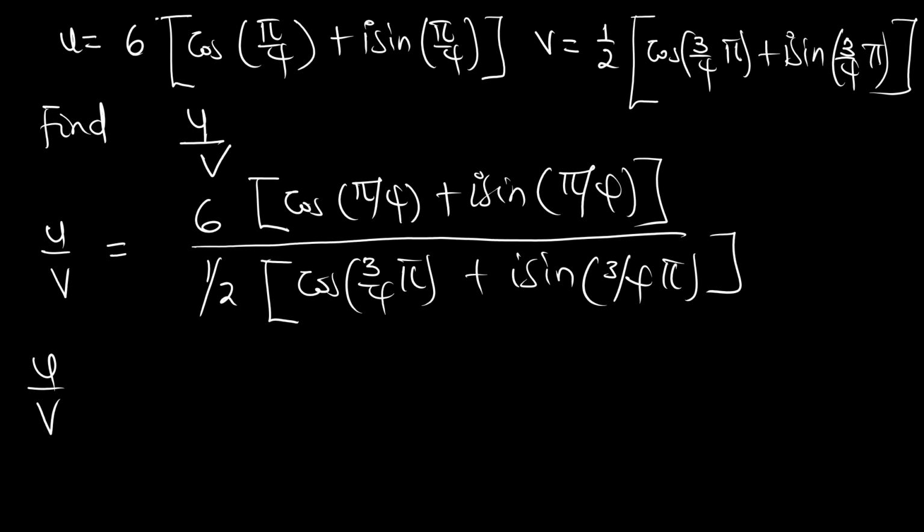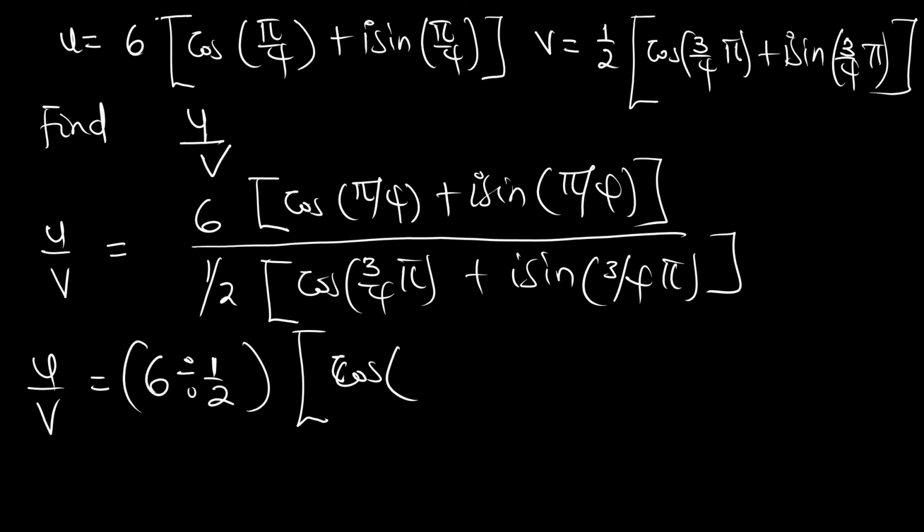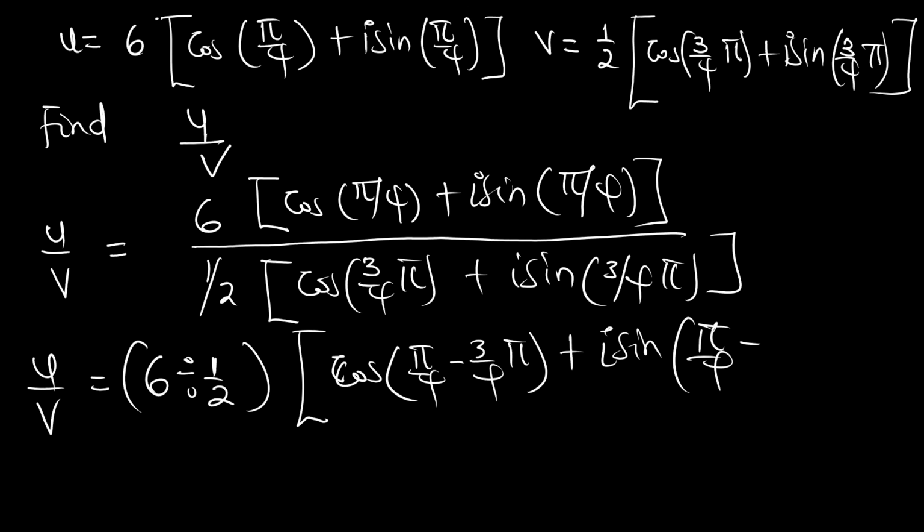So we use the rules, we divide the moduli. So we have 6 divided by half, multiplying, and we subtract the arguments: cos (pi over 4 minus 3 over 4 pi) plus I sine (pi over 4 minus 3 over 4 pi). So U over V is going to be 6 divided by half, which is more or less like 6 times 2, so 12 multiplying.